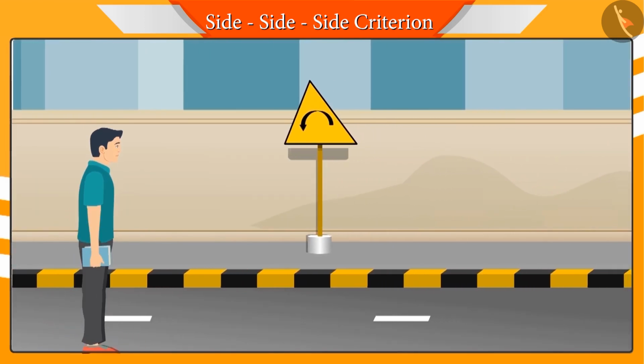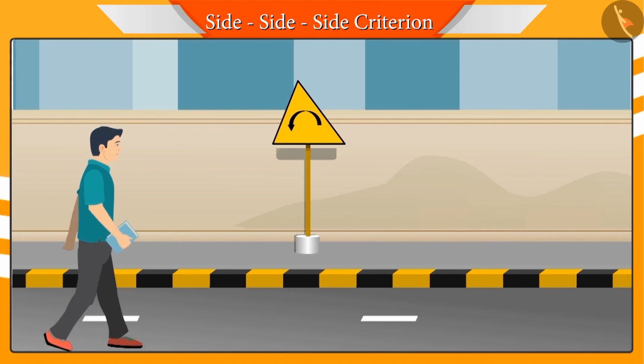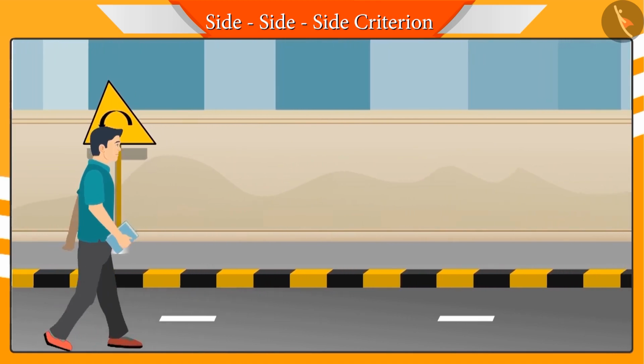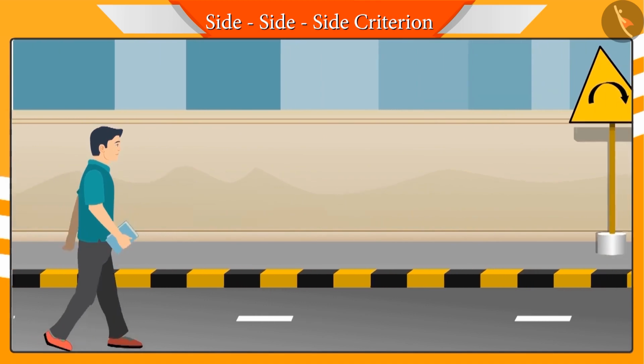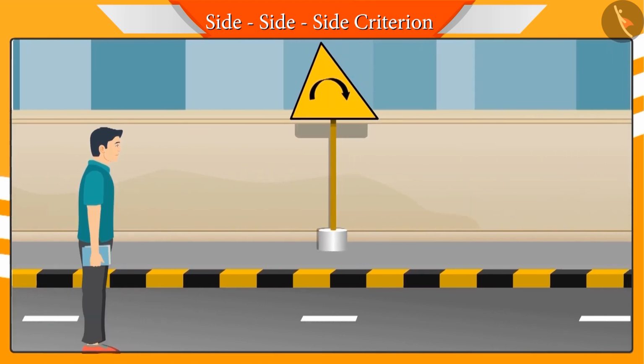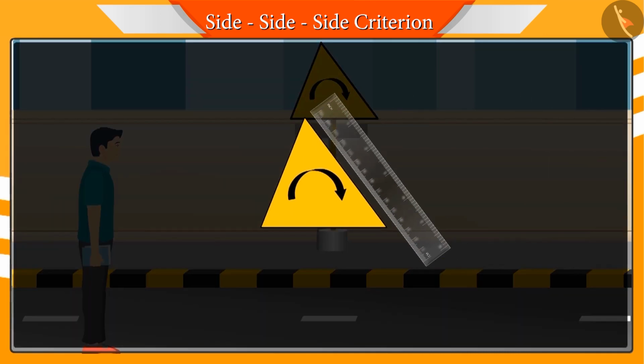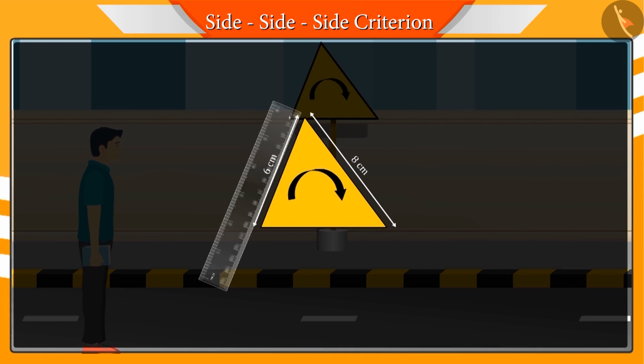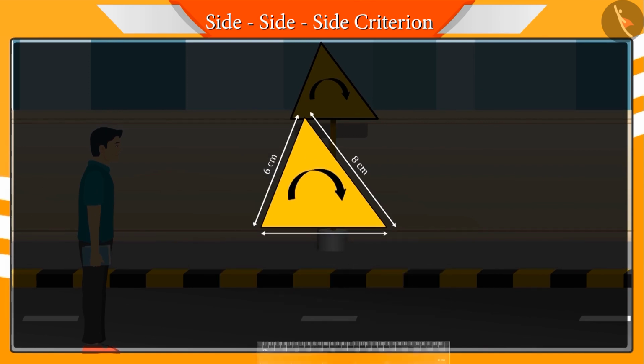Raju on his way sees a signboard. As he walks further for some time, he sees another signboard and thinks that the first board looked somewhat like the second one. He takes the measurement of the board in his diary and moves on.